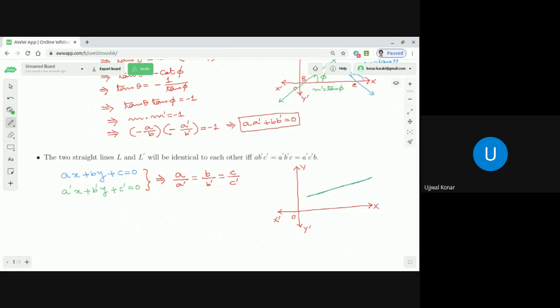If you recall from your class 9 and 10 standard, they are going to have an infinite number of solutions when the coefficient of x, coefficient of y, and the constant term are in equal proportion. That means a by a dash equal to b by b dash is equal to c by c dash.